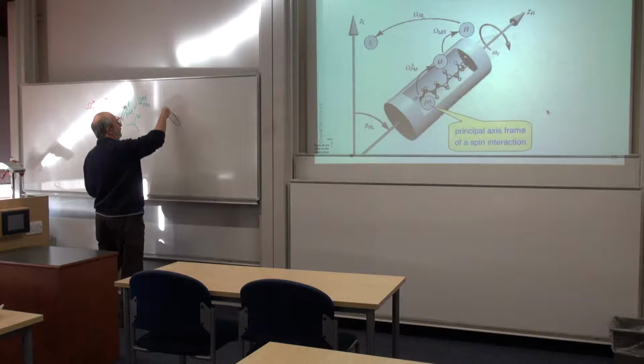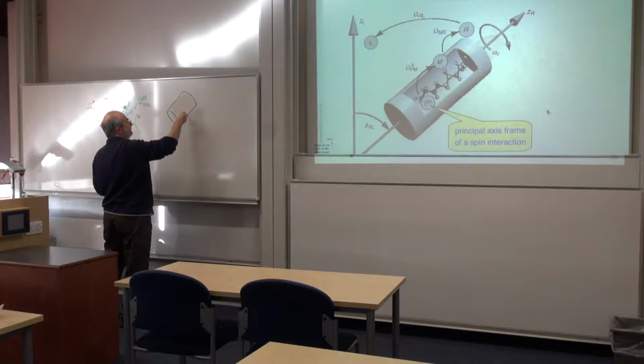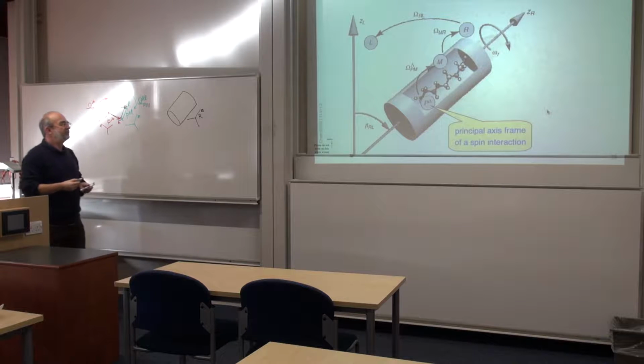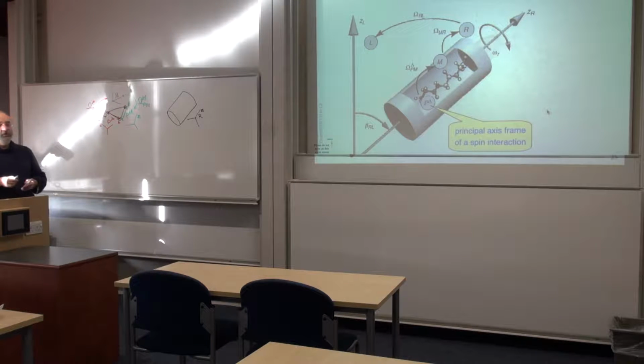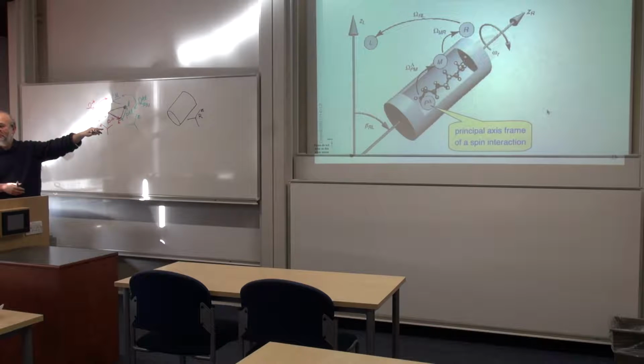Then we have a sample holder. A rotor frame with the z-axis along the rotation axis. So that frame is fixed with respect to the sample holder. Now in general, the molecular frame M won't be the same orientation as the rotor frame.